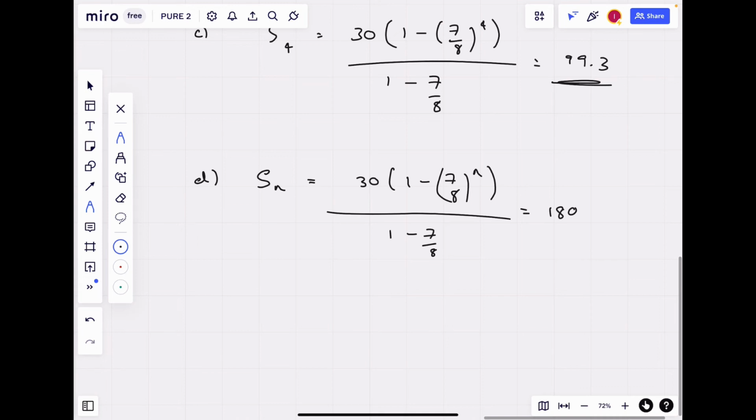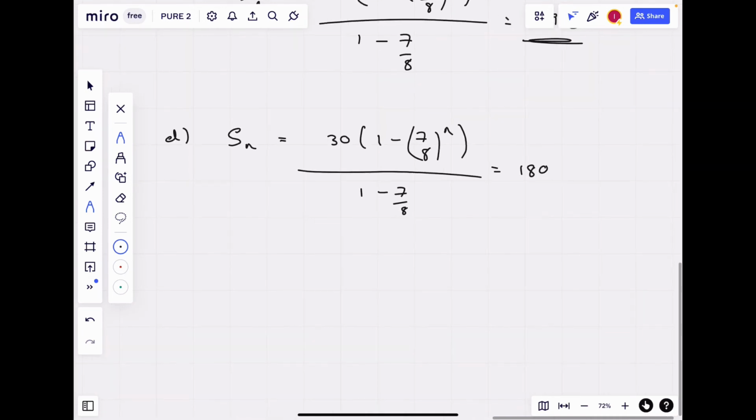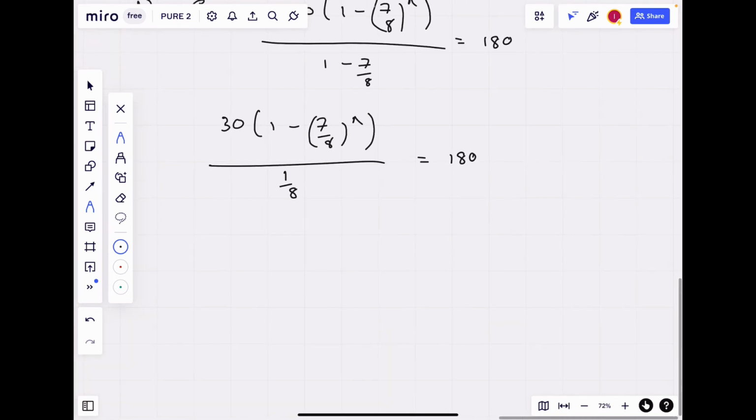And from here, it's just a matter of simplifying. So let's do 30 bracket 1 minus 7/8 to the power of n all over 1/8, because that's what it simplifies to. And now this can all simplify to 0.75. So you can take that over and times it. You can then take that over and divide it. And that will equal 0.75.